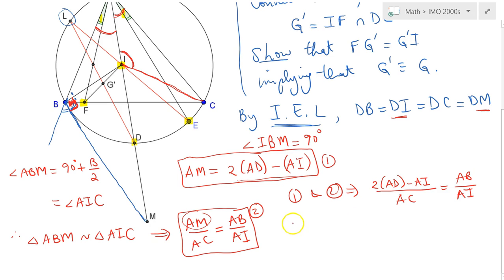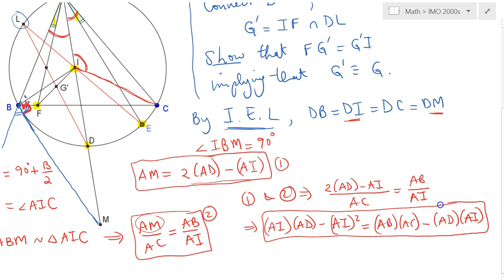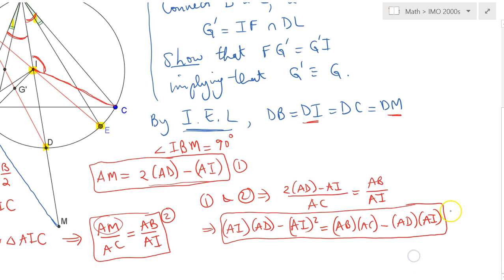Finally, if I do cross multiplication, I get AI times AD minus AI squared equals AB times AC. And recall that there is 2 AD AI, so I'm bringing one of them to the right hand side, so minus AD times AI. That's crucial, so I'll call this the star relationship.